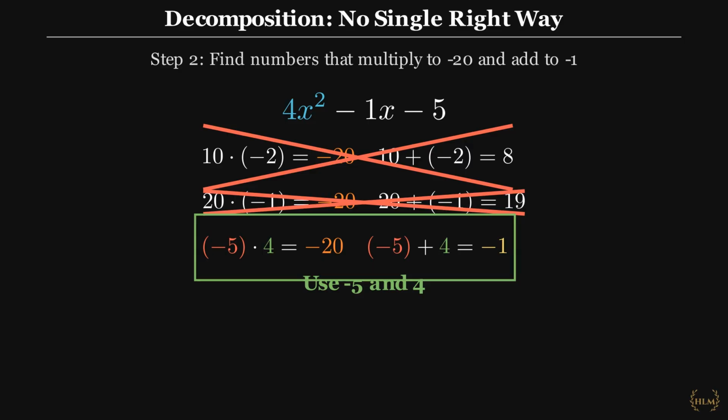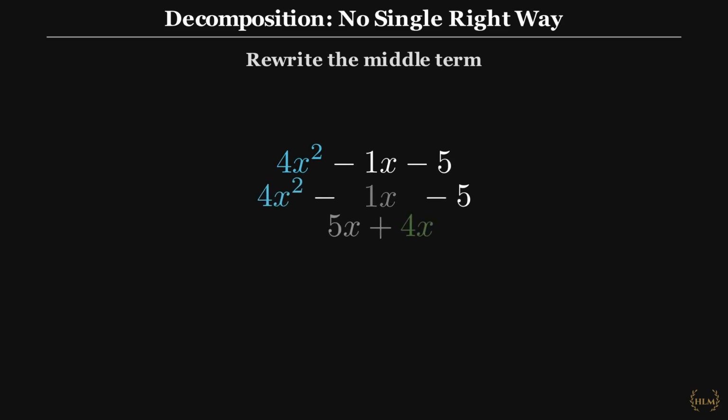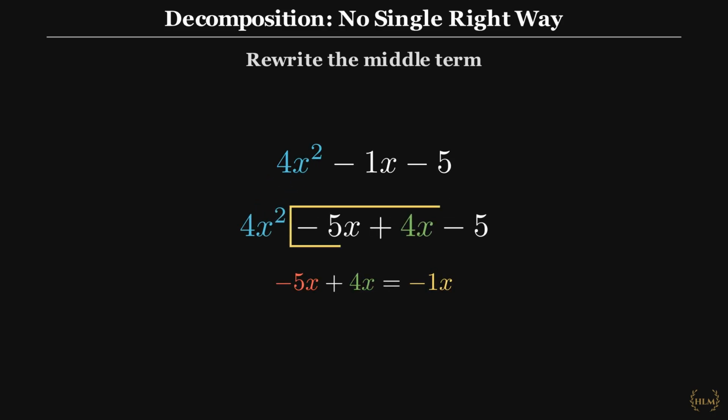So that means we can rewrite the trinomial as 4x squared, and instead of minus 1x, we rewrite it as minus 5x plus 4x minus 5. The minus 5x plus 4x is the replacement for negative 1x, because negative 5x plus 4x is equal to negative 1x.